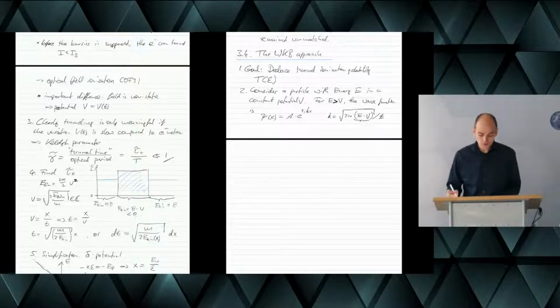So if the energy is larger than the potential, so we're not in the classically forbidden region, E is larger than V, and the particle is oscillating.